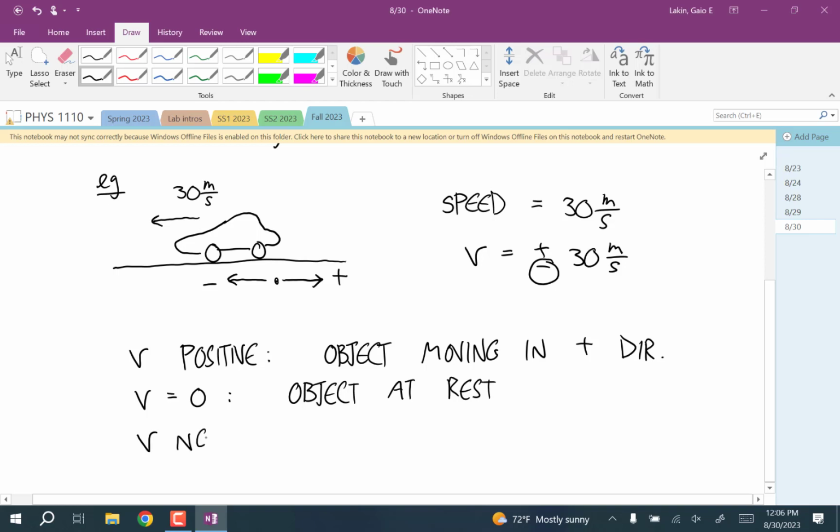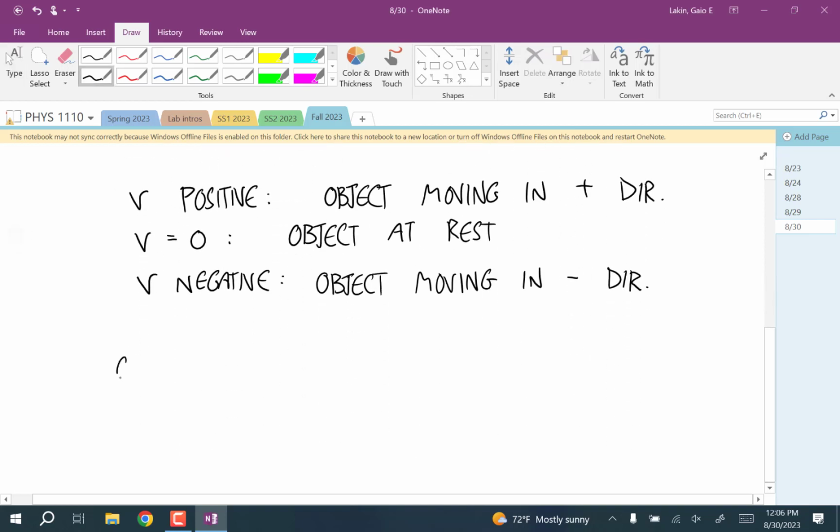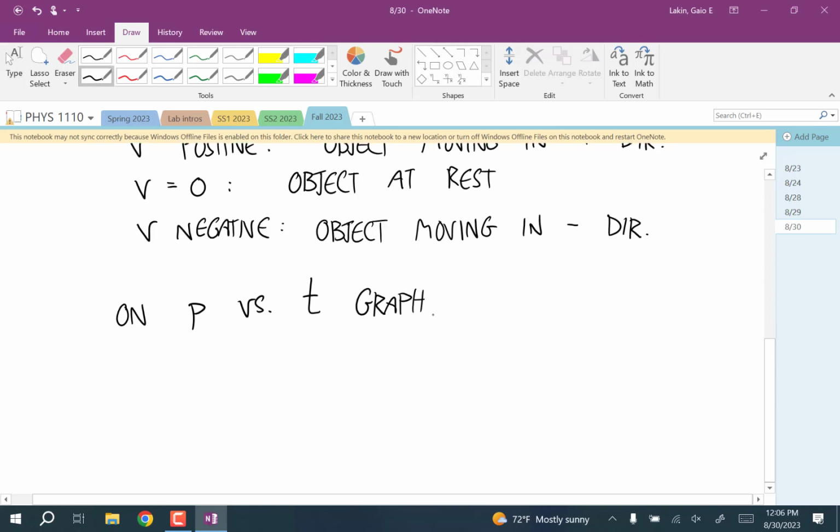And a negative velocity means the object is moving in the negative direction. On a position versus time graph, the velocity is the slope of the tangent line.